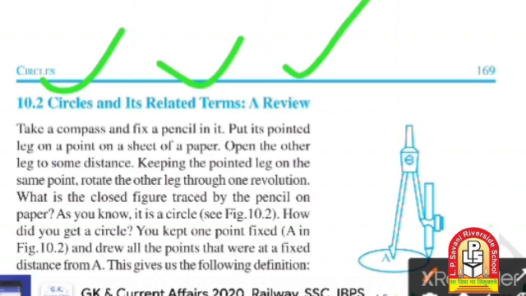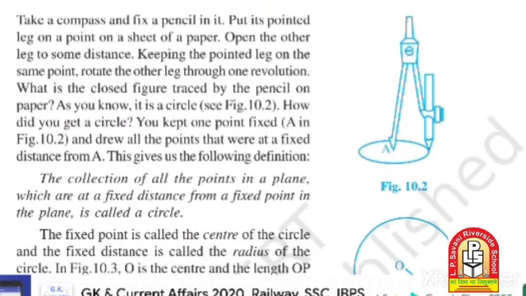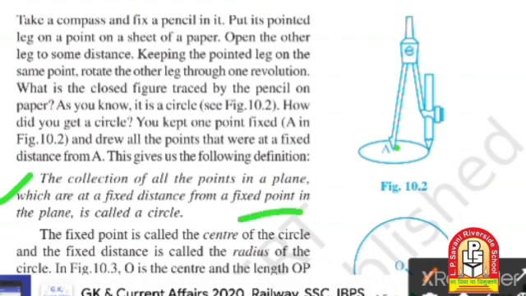First one is the definition. In this we have to learn that a circle is the collection of all the points in a plane which are at a fixed distance from a fixed point. Suppose we take one point A, and then we draw one circle.